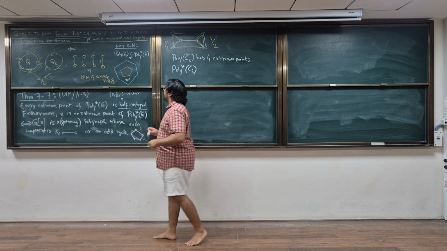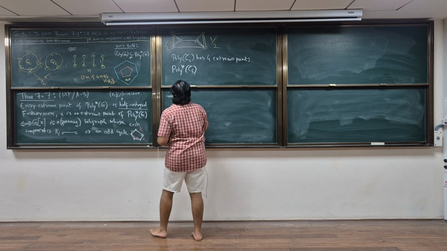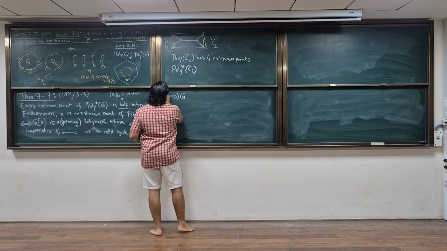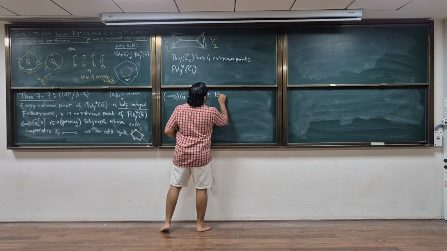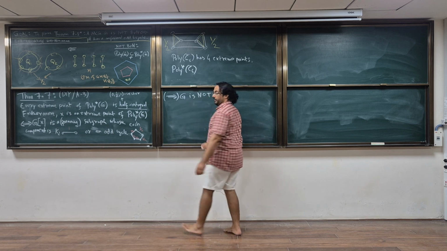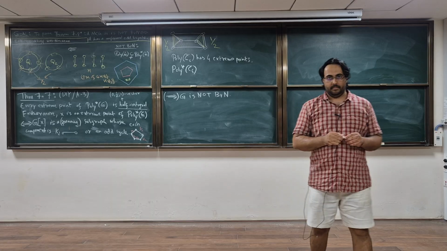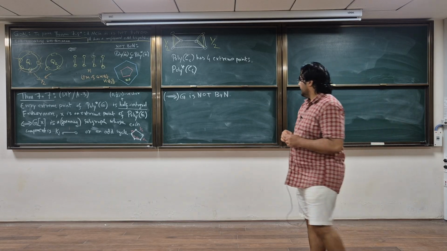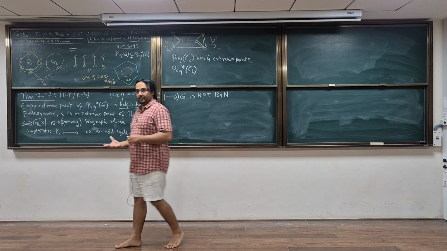So now suppose that the graph is not Birkhoff von Neumann. Let's say G is not Birkhoff von Neumann. If G is not Birkhoff von Neumann, we want to show that there is an odd conformal bicycle.